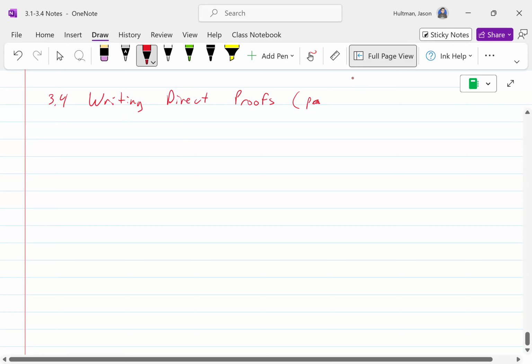It just means you're going to lay out your statements and reasons in sentences, and just write out a logical argument that says, hey, this happens, and this is the reason, and then this happens, and this is the reason, and so on.